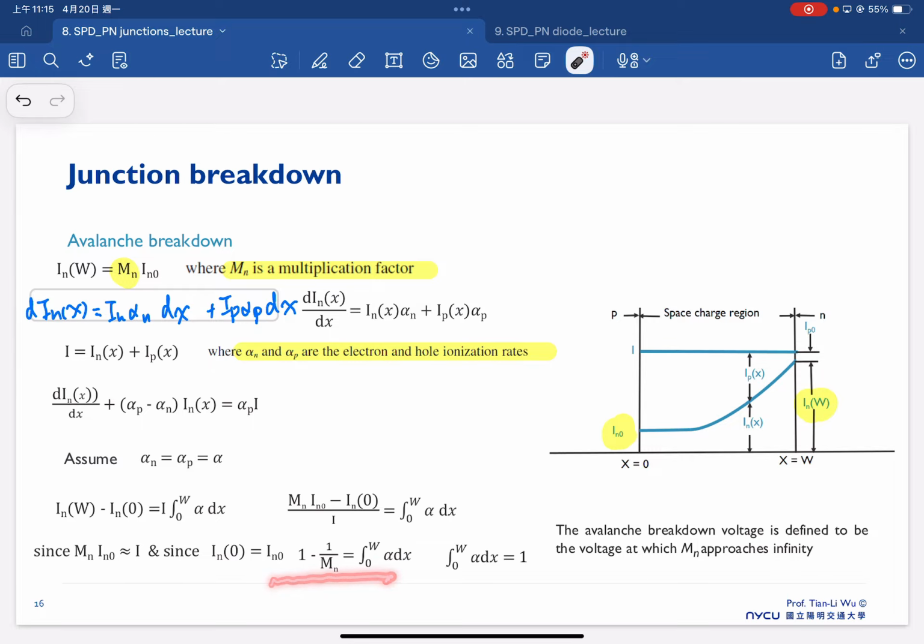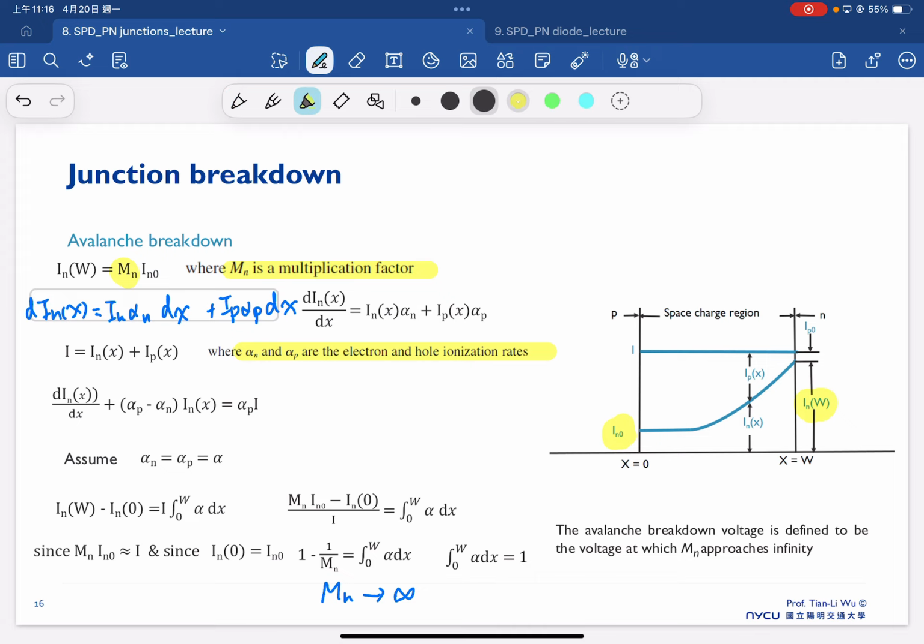And once the multiplication factor Mn approaches infinity, which means that if this integration from 0 to W is equal to 1, then our multiplication factor will approach infinity, which will be the case of avalanche breakdown.